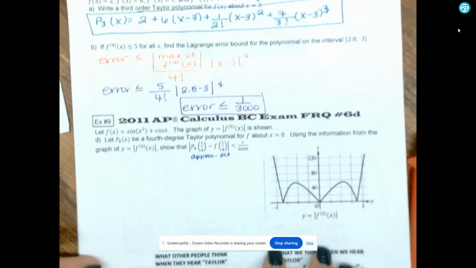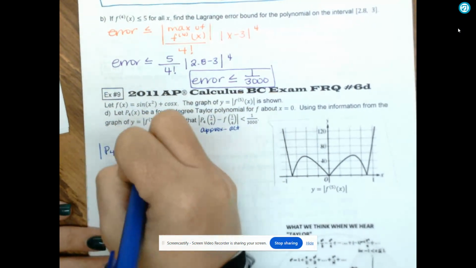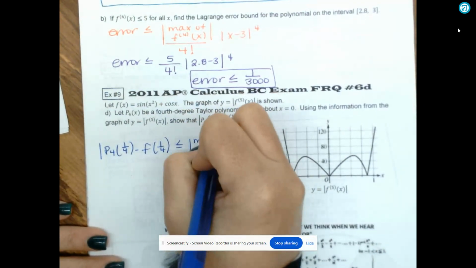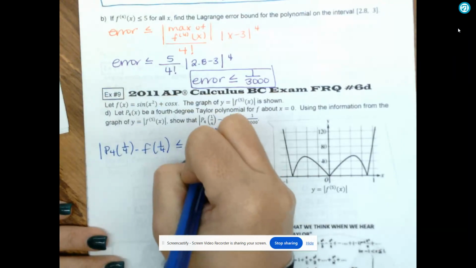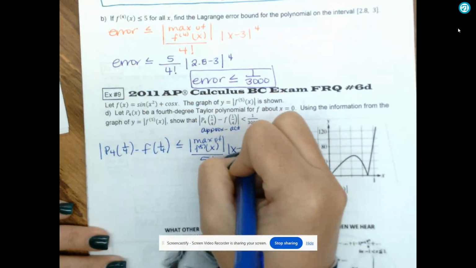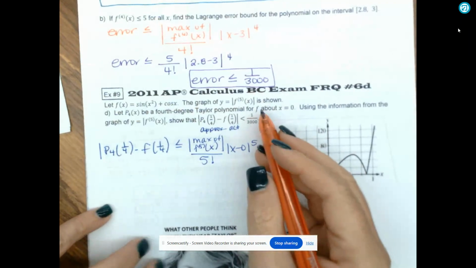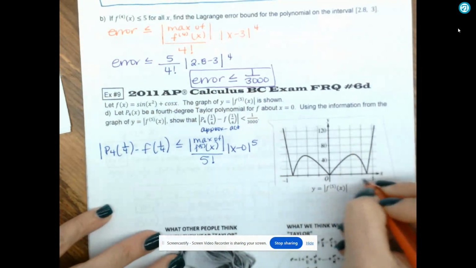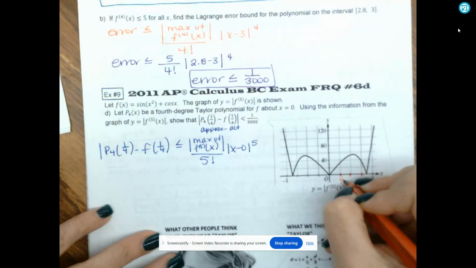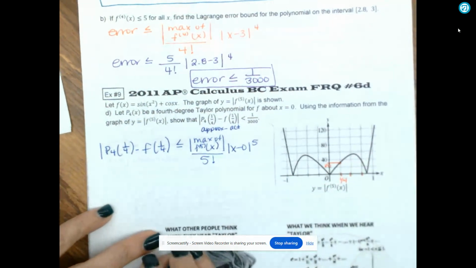So if we use that, it's going to be less than or equal to the absolute value of the max of the fifth derivative of x over 5 factorial times the absolute value of x minus 0 to the fifth. So let's look over here, we need to find the max of the fifth derivative. We're going to look over here at 1/4. If this is 1, 2, 3, 4, these are in increments of 1/4. So this is 1/4 here. And if I go up, it looks like it intersects at about 30.